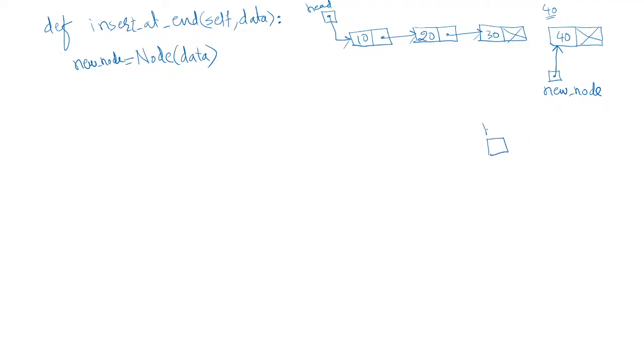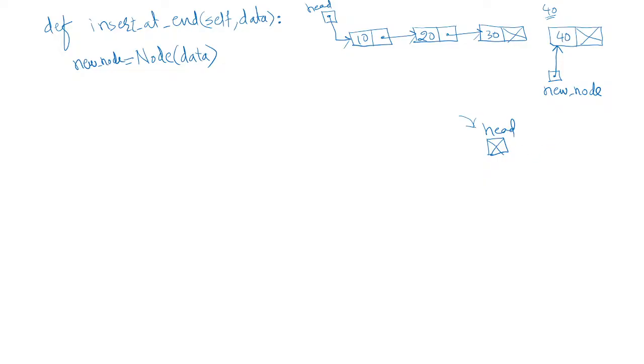If initially your head is none, that means your linked list is empty, and if you want to add a new node at the end, that becomes the first element itself. This condition you should check first. If the linked list is empty, even though you add a new element at the end, that becomes the first node.